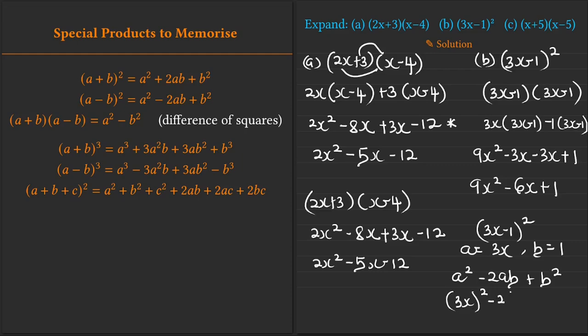Then minus 2 times what we have as our a, which is our 3x, and then what we have as our b, which is the 1. And then the b itself should be squared as well. So that is our 1 squared. Simplifying further, we have 3x squared, which gives us a 9x squared. The negative 2 times 3x times 1 gives us a negative 6x.